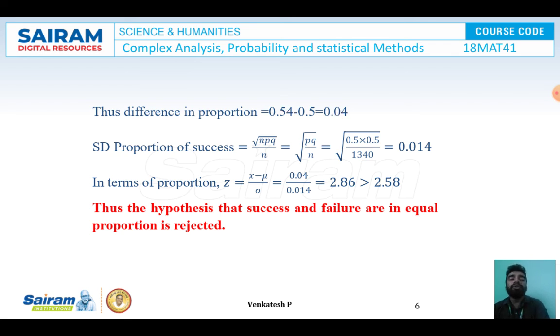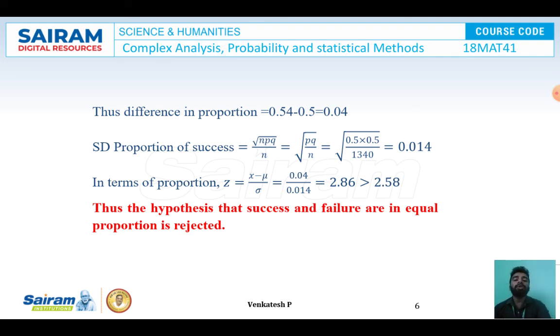Now sigma we have to calculate. Sigma is nothing but the standard deviation. The standard deviation formula is square root of PQ divided by N. So we got the sigma value as square root of 0.5 into 0.5 divided by 1340. So the value of sigma is 0.014. Now I'm going to replace X minus mu and sigma in the main formula.